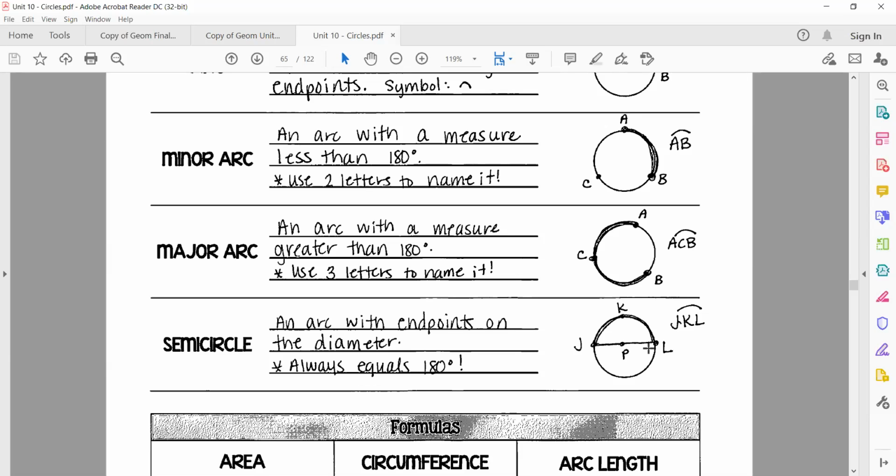All those things equal 180, because if you cut a circle exactly in half, that's what you get. That's half of 360 degrees. The number of degrees in a circle is always 360 degrees. So half of it, when you cut it with the diameter, is going to be 180.